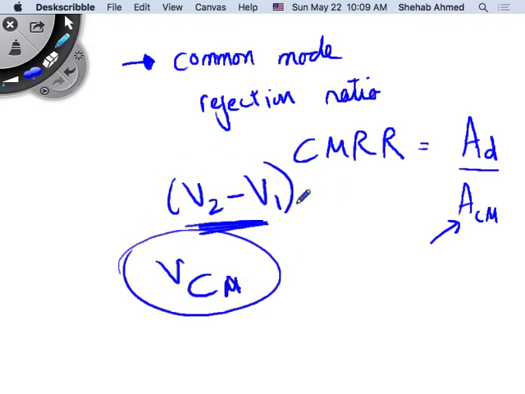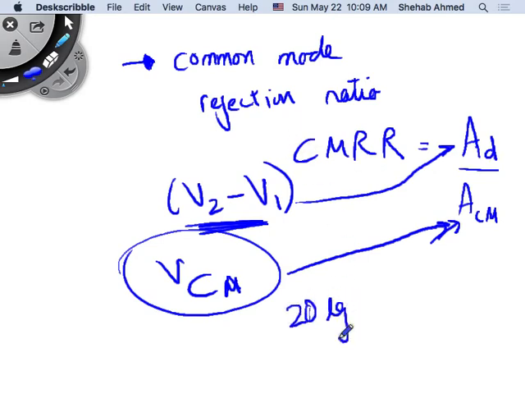I would like to amplify the differential signal and reject this. So common mode rejection ratio is the ratio between what I want and what I don't want. I would like this to be as high as possible, or reject as much of the common mode as possible. Of course, you can plot that in dB as 20 log of AD over A common mode, the differential gain over the common mode gain.